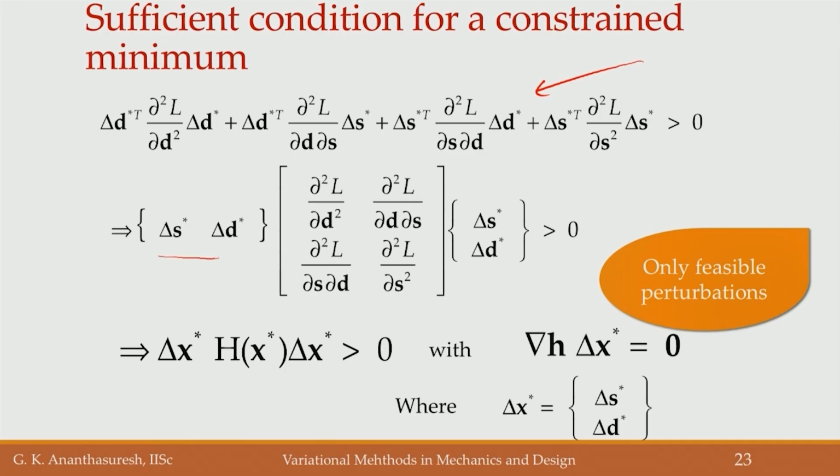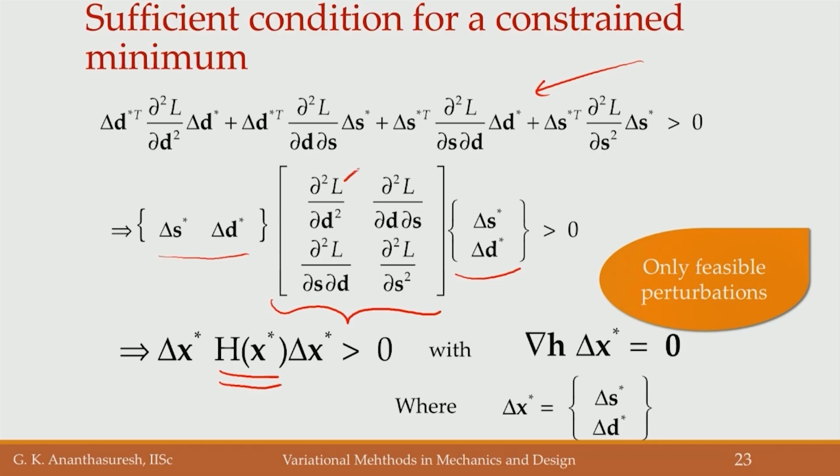So, we have the perturbations delta s star and delta d star, which together are nothing but delta x star. Which way you partition does not matter now because they came together. What we should notice is this matrix, dou square L by dou d square, dou square L by dou d dou s and all that. This is nothing but the Hessian, because whichever way you partition d and s does not matter, it basically becomes the Hessian of the Lagrangian.